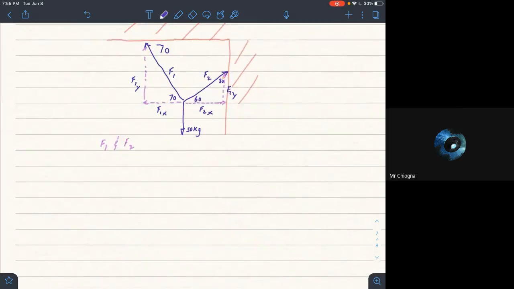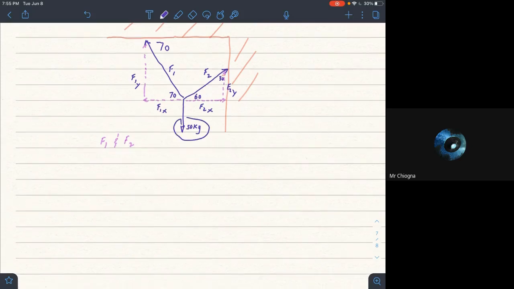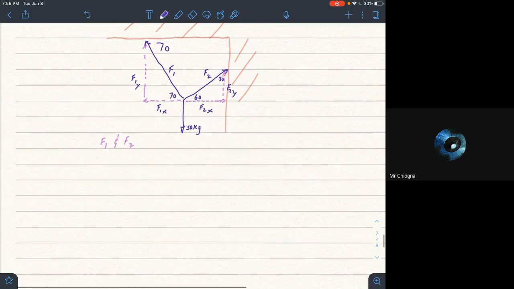Whatever this object is here, it's not moving. It's stationary, and therefore it fulfills a condition. Sum of the forces in the x is 0, and then similarly the sum of the forces in the y is 0, which is just a fancy way of saying the forces balance.